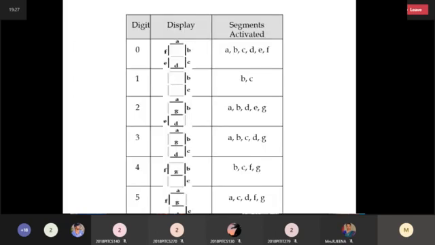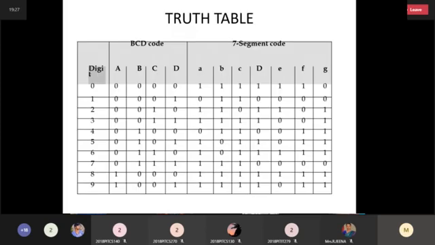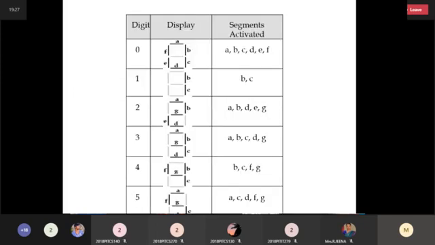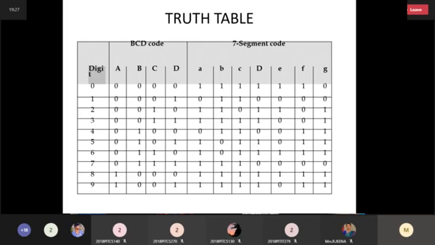Next, 4. 4 means B, C, F, G only 1, other variables are 0. Next, 5. 5 means A, C, D, F, G only 1, other variables are 0.